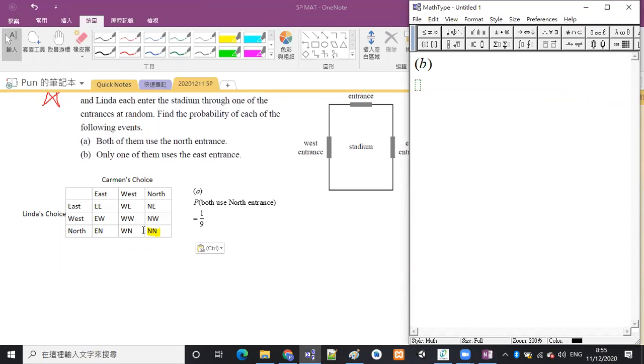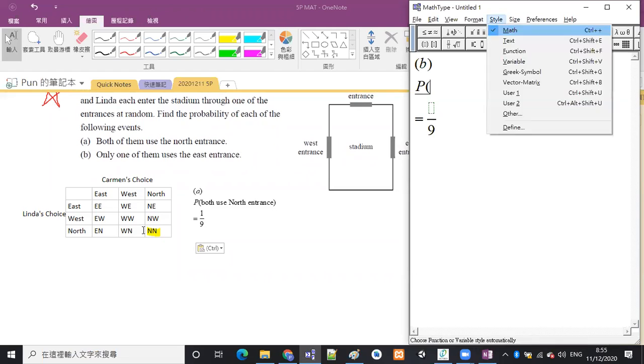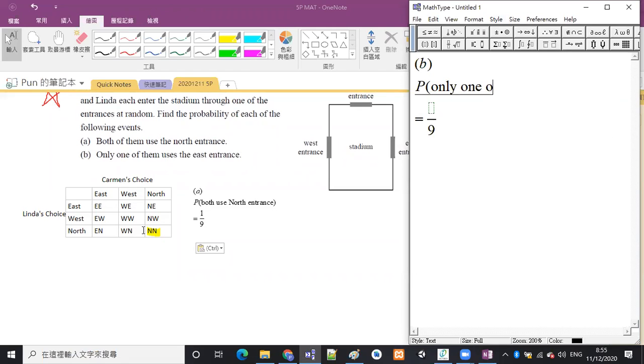So again, I'm going to find the probability, and I know that it is a fraction, and the denominator is still equal to 9. Okay, because the situation did not change, right? Okay, but what we are going to find is only one of them uses the east entrance.